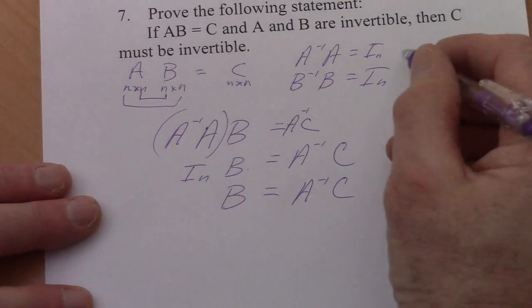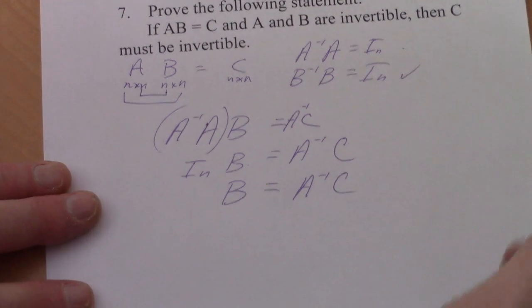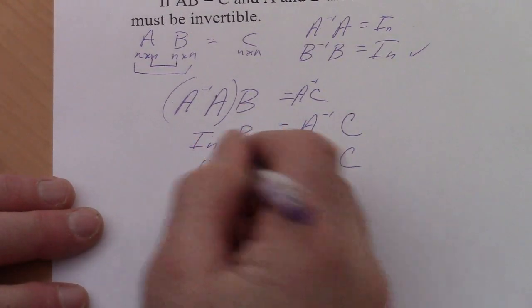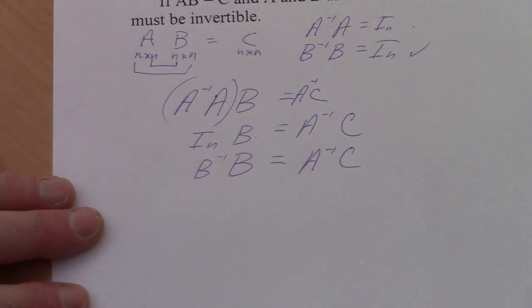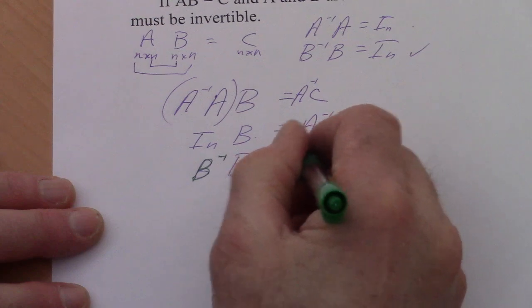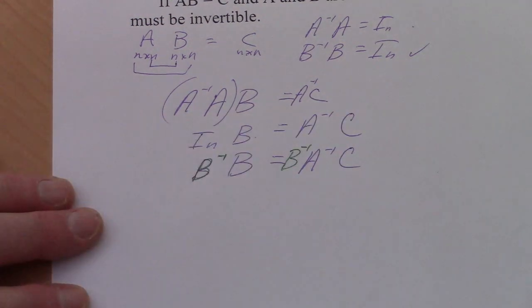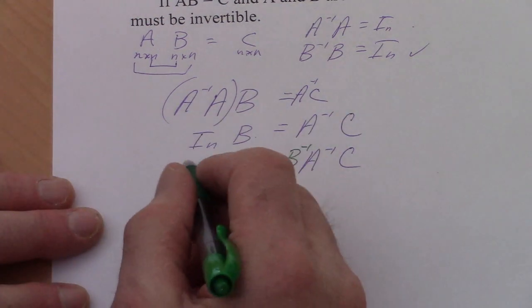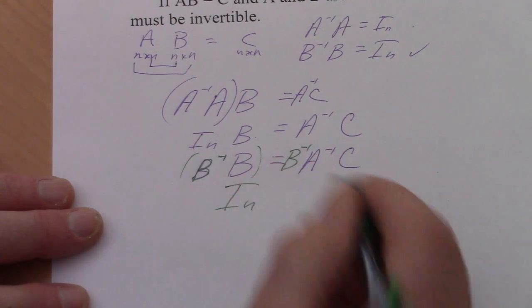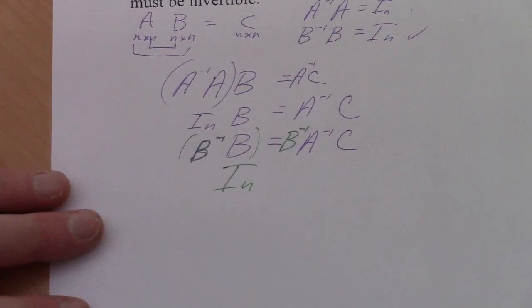And now let's use the fact that B is invertible. And if we multiply on the left by B inverse on both sides, I should probably switch pens here. B inverse on the left and B inverse on the left there, then what do we get on this side? We get B inverse B, which again is the identity matrix, an n by n identity matrix.